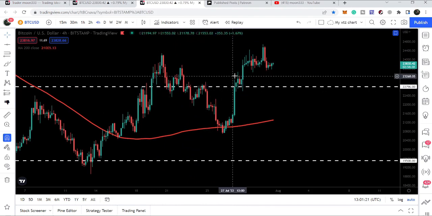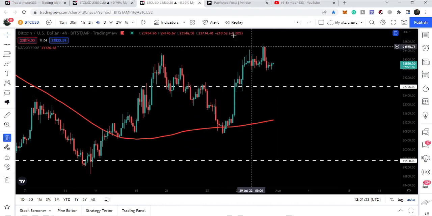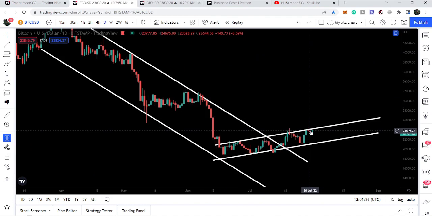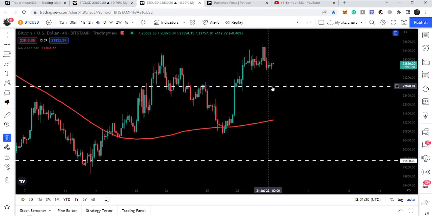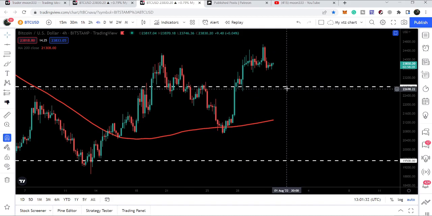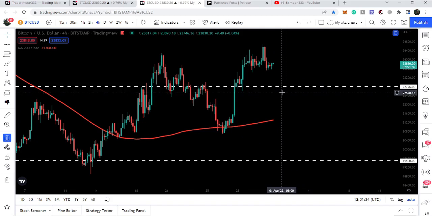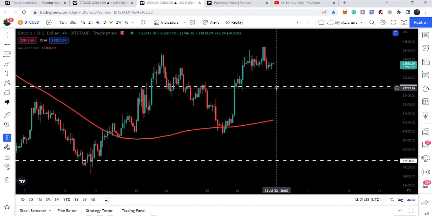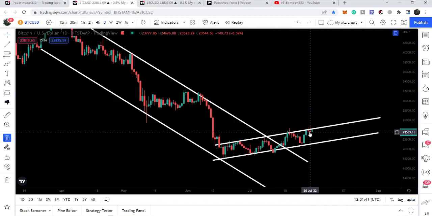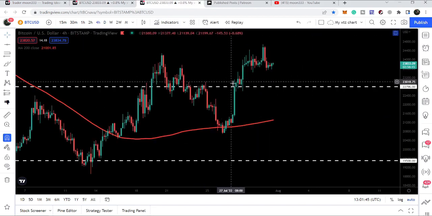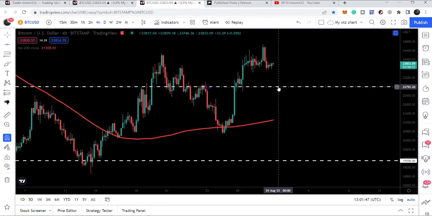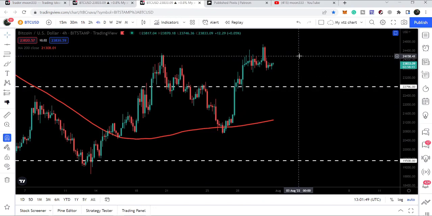So in case we will have the rejection by this resistance, then this $22,796, that is the value of the 200 weekly simple moving average, can again provide a support for the price line. And in that situation, I'm expecting that even after this rejection, we will not test the support of the channel, and from here we can expect another reversal move.